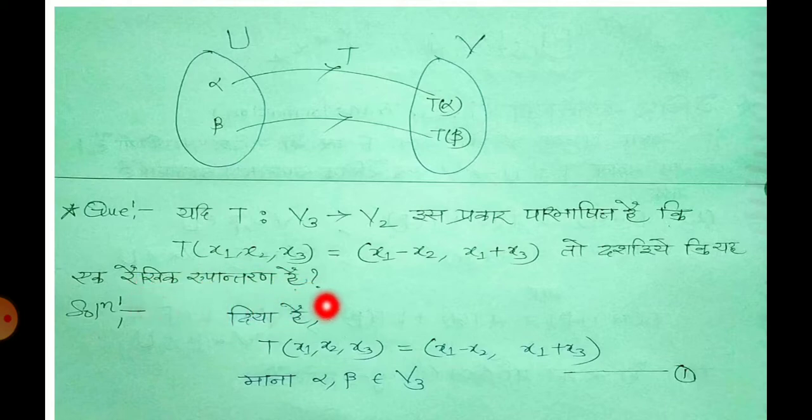Solution. First we write, given that T of x1, x2, x3 is equal to x1 minus x2, comma, x1 plus x3. This is equation 1. Suppose alpha, beta belong to V3, that means we take two elements in the domain V3.